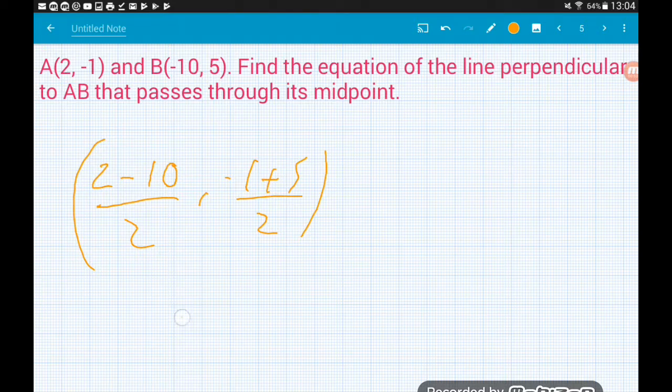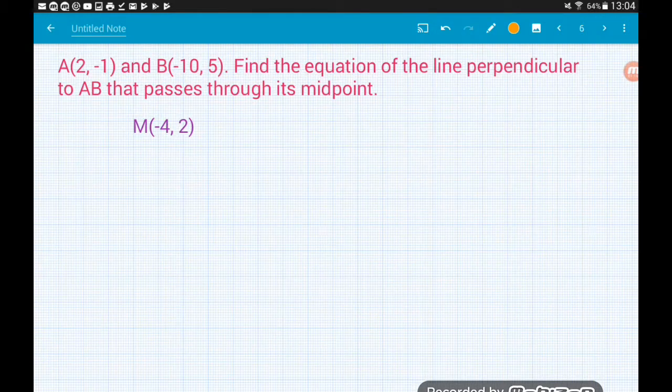So then, M has coordinates, well, (2 - 10)/2. 2 - 10 is -8. Divide that by 2, we get -4. And then for the y coordinate, -1 + 5 is 4. Divide that by 2, we're going to get 2. So the coordinates for our midpoint are -4, 2.